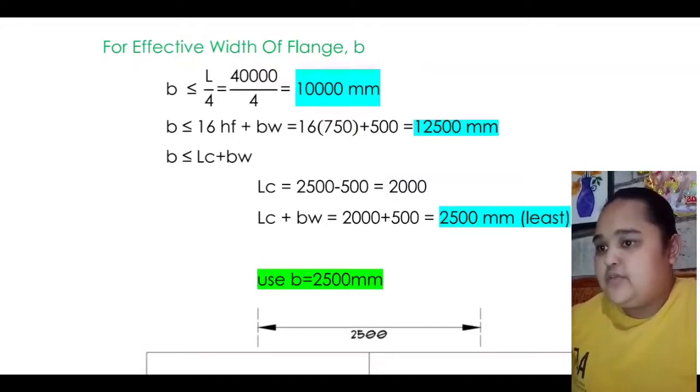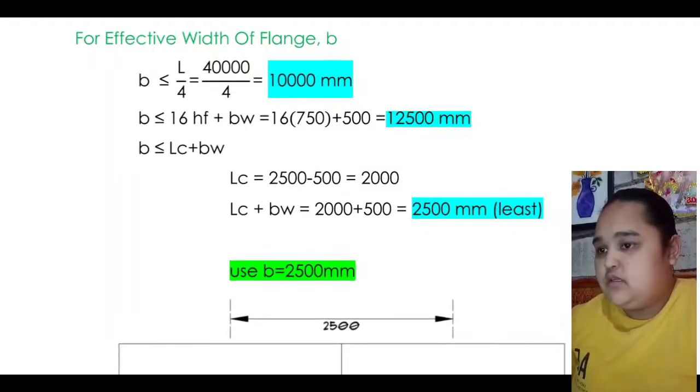Compute for effective width of flange, which is B. B is less than or equal to 40,000 over 4 is equal to 10,000 millimeter. B is less than or equal to 16 HF plus W, which is 16 times 750 plus 500 equal to 12,500.